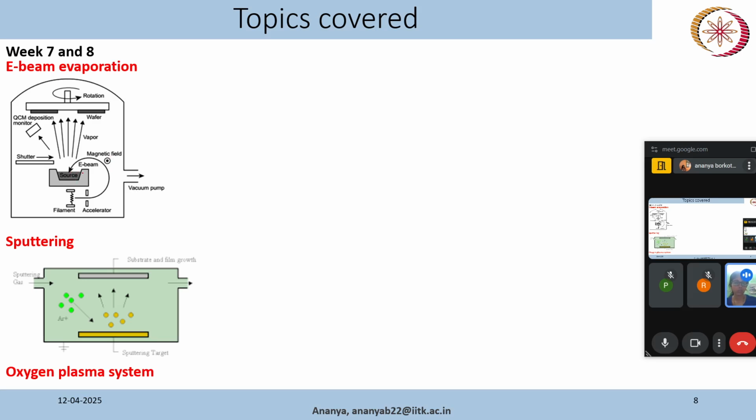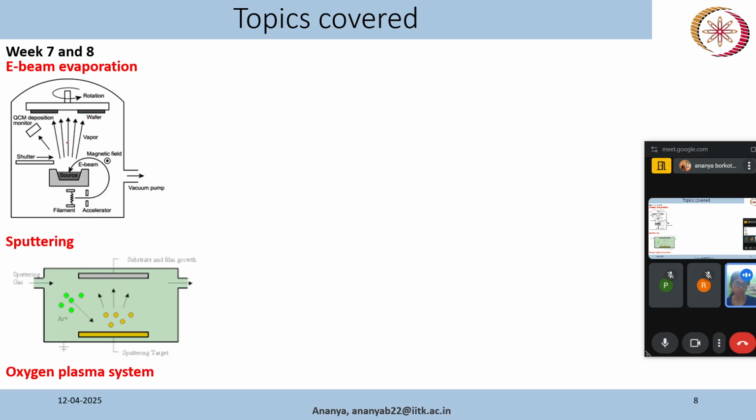We know that electrons will be deflected by a magnetic field, right? Because of this electron energy, the source material will melt, go to its molten state, and then evaporate. It will go to its vapor phase and deposit on the wafer connected to the substrate holder.